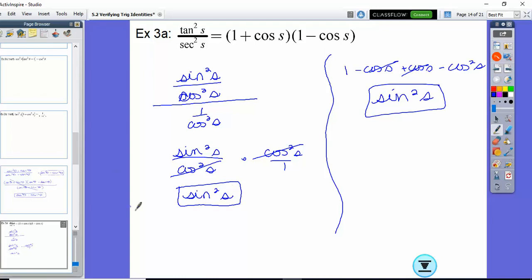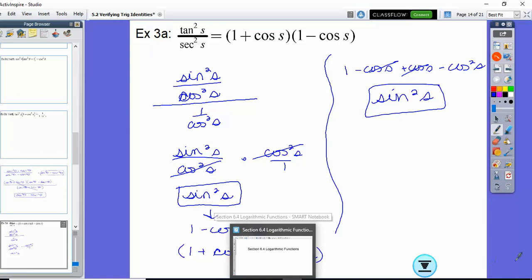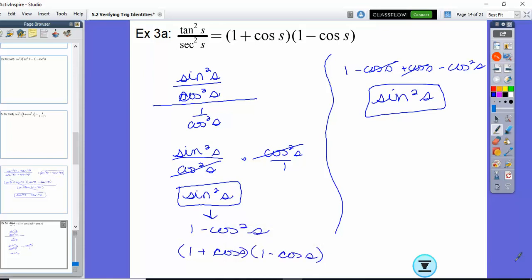Yep, you could have changed sine squared to 1 minus cosine squared from the formula, and then use difference of squares, so that would factor into 1 plus cosine and 1 minus cosine. So we could have got there, we just didn't come up with it, so we tried something different.